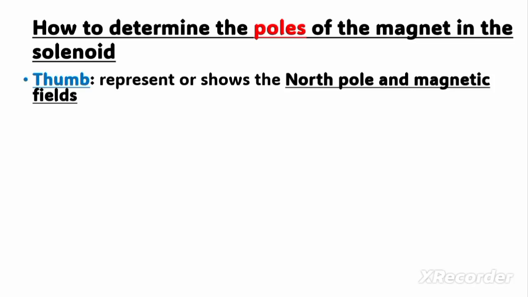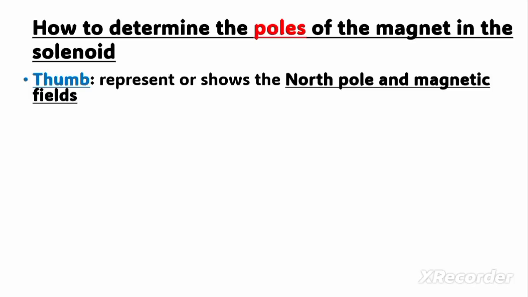The solenoid has a good number of coils. If we put a magnetic material bar within the solenoid, and if we use the right hand thumb rule, where the thumb is pointing represents the North Pole and the magnetic field.